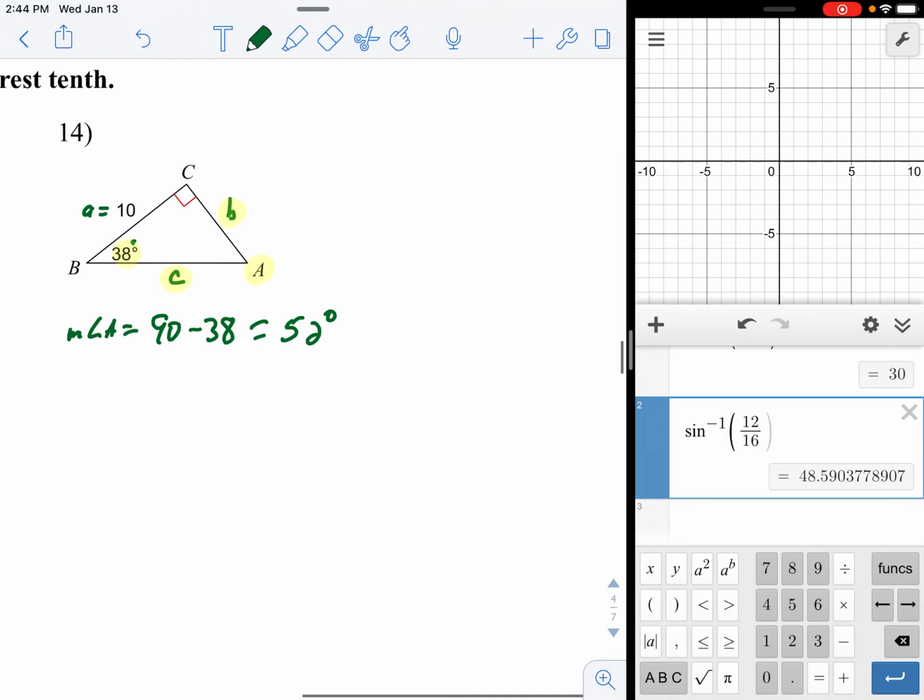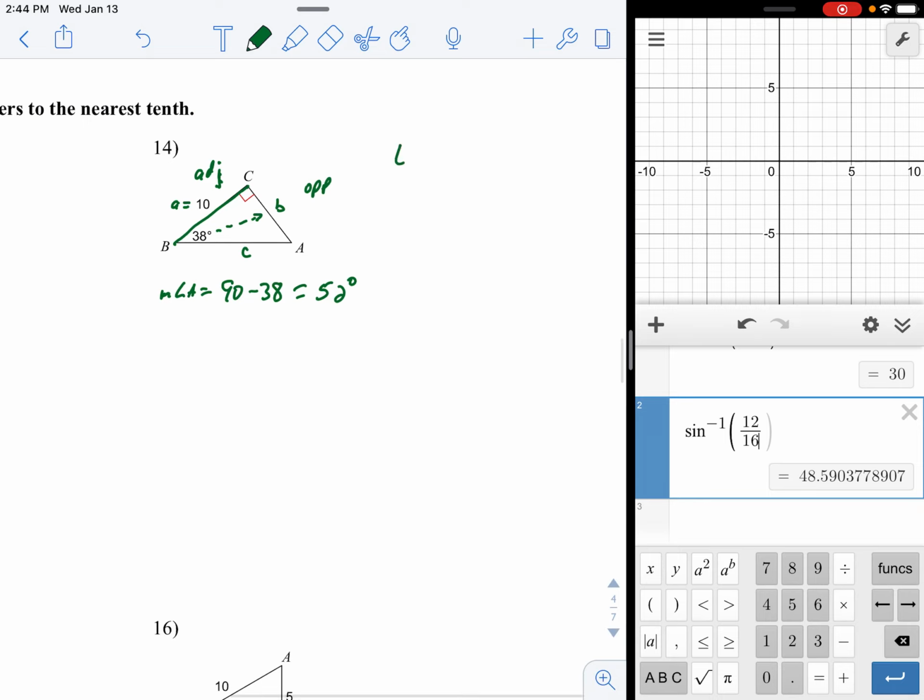Now what? Well, it doesn't matter which one we do next. We got to find little c and little b. Let's say for the sake of argument, I want to go with little b. Little b in this problem is the opposite, and we are given the adjacent to deal with. What formula has opposite and adjacent in it? That's tangent.